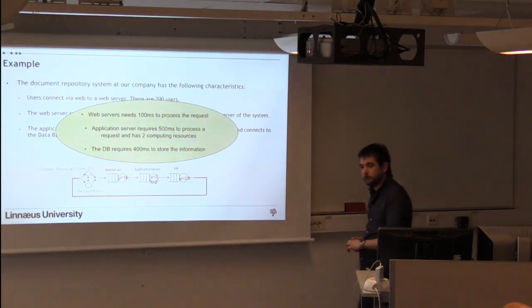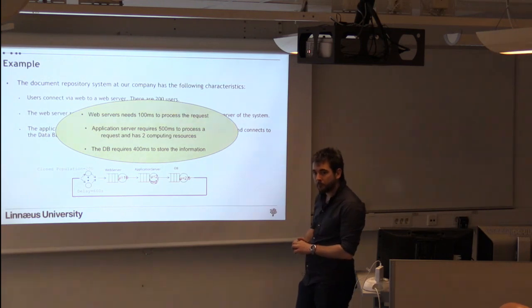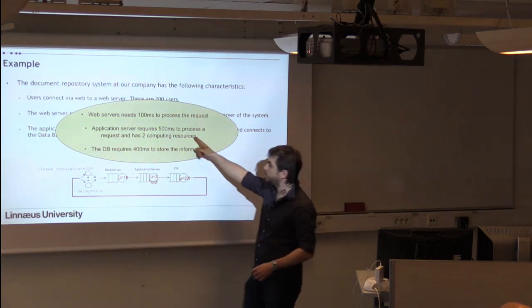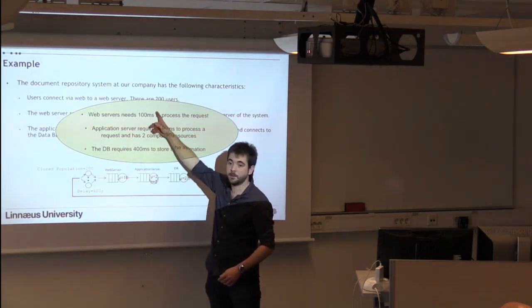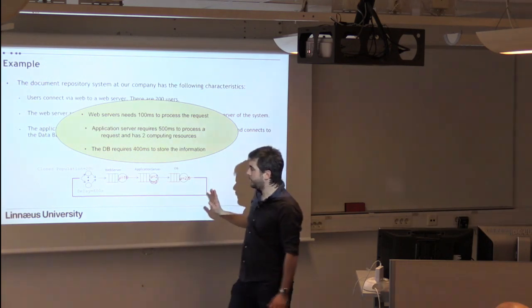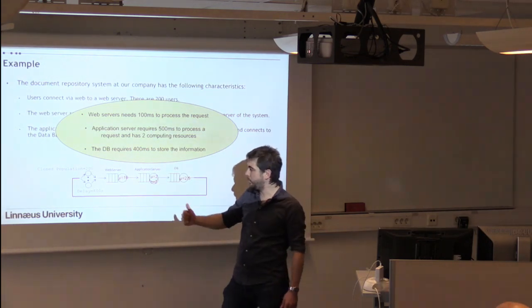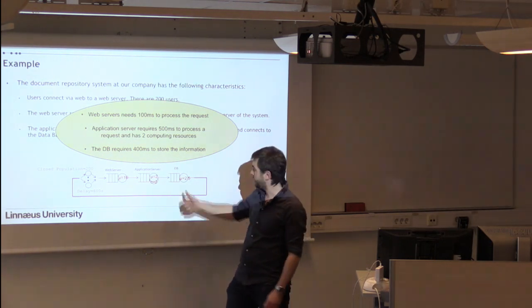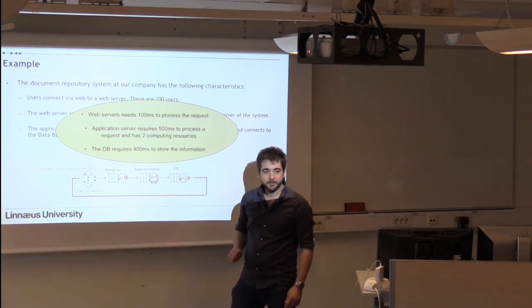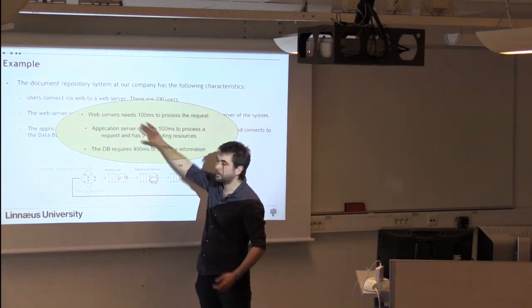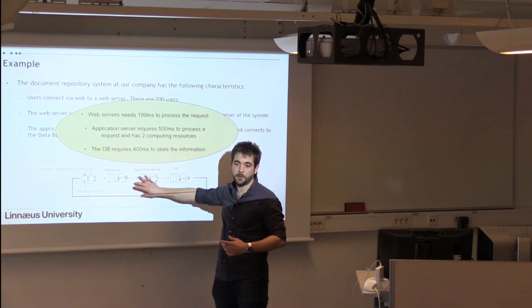Are we supposed to do these calculations in the assignments? Which calculations? This. Yeah. So far it's creating the model from this information, right? Then the question will be, what is the response time of the system? Or what is the utilization of the database? This will be the kind of performance indices. So far this is information you get and you create the model.